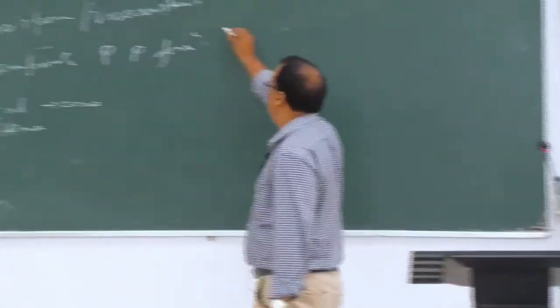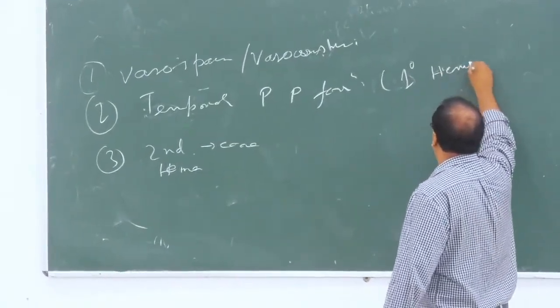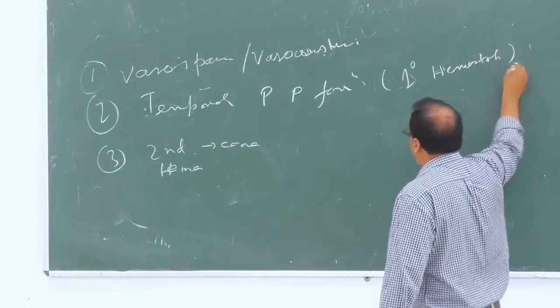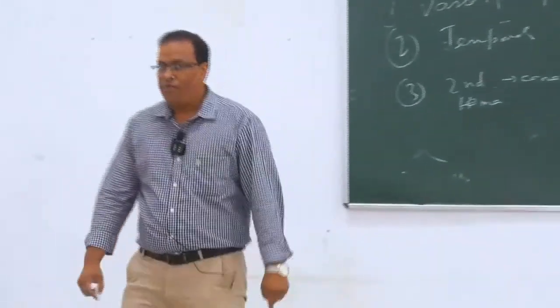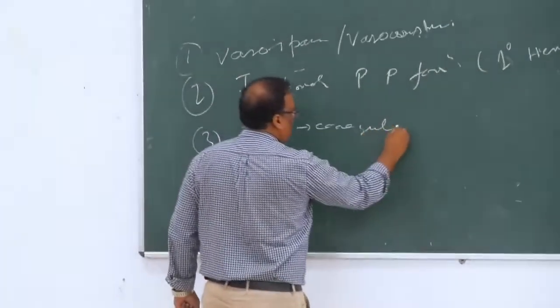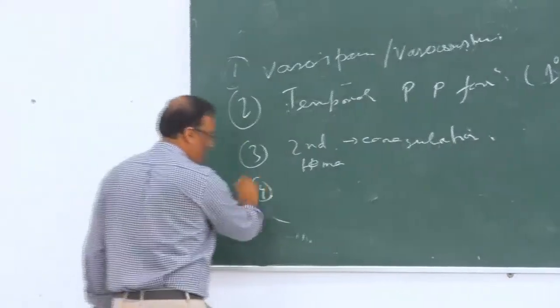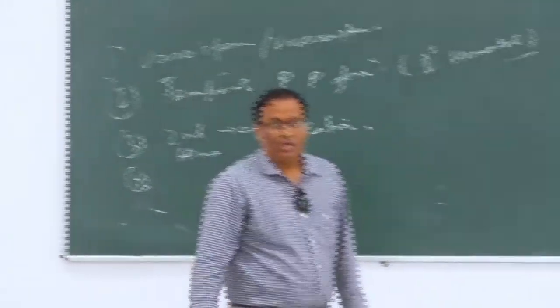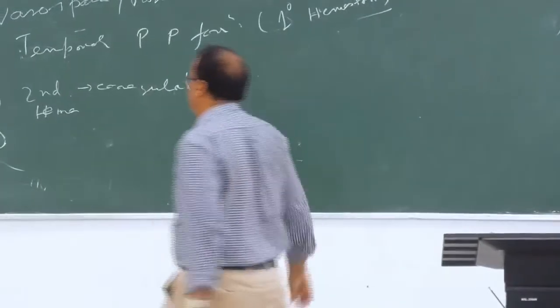Primary hemostasis. But explain why it is called primary. Second is coagulation, and then clot retraction.